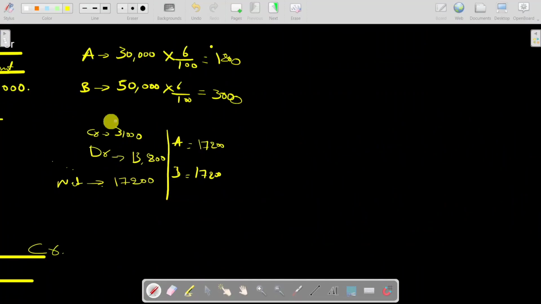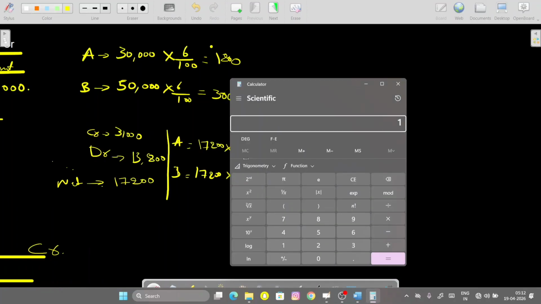So 17,200 into 3 by 5 is 10,320, and 17,200 into 2 by 5 is 6,880.